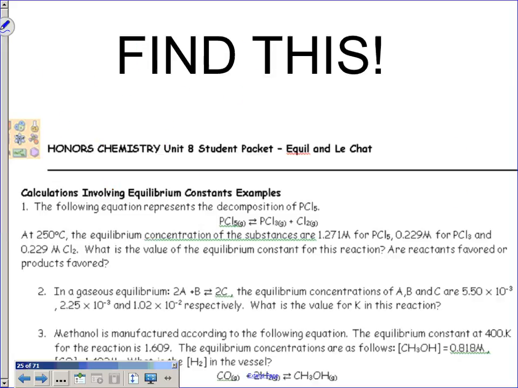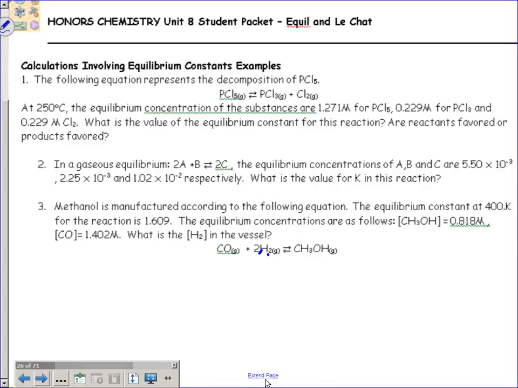Okay, let's go to here. This is on your paper, on the upper right-hand side, where it says number 1, calculations involving equilibrium. I'm going to give you a couple minutes in groups to do questions 1, 2, and 3. I think you're capable of doing those, but let me know if you need some help.